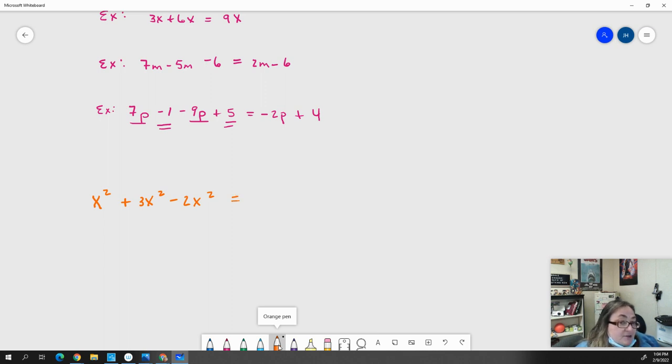X squared plus 3x squared is 4x squared minus 2x squared is 2x squared. As long as they have the same base and the same power, they can be combined, right? I cannot combine x squared plus y squared because the bases aren't the same, right? It doesn't work.